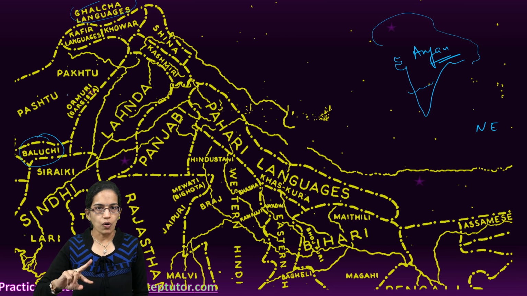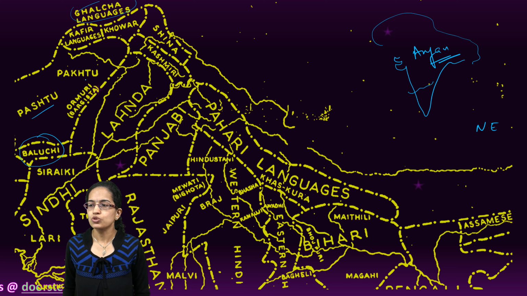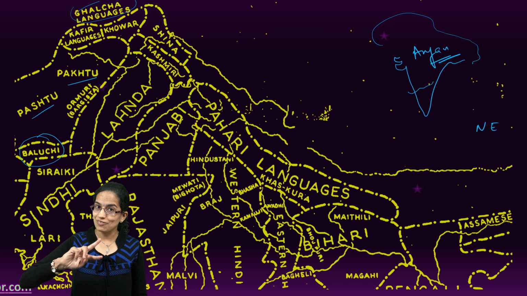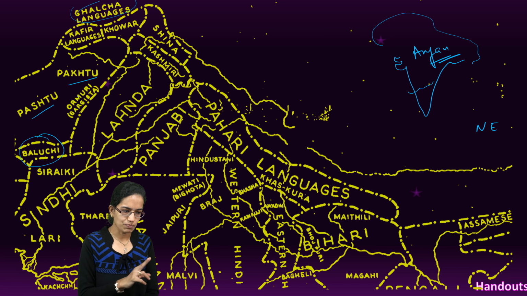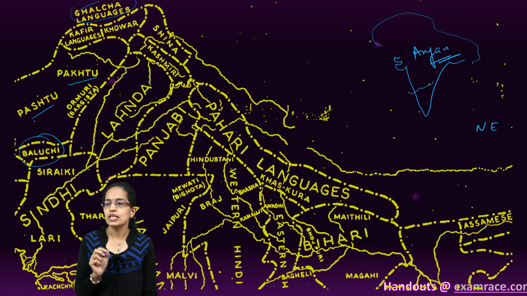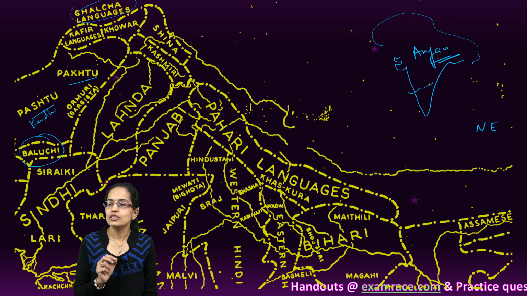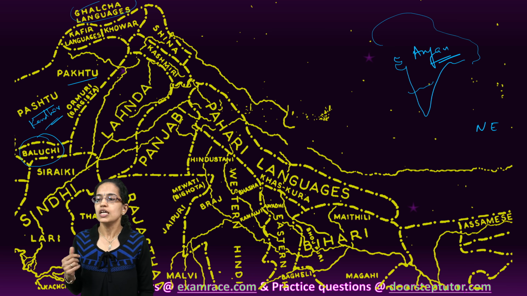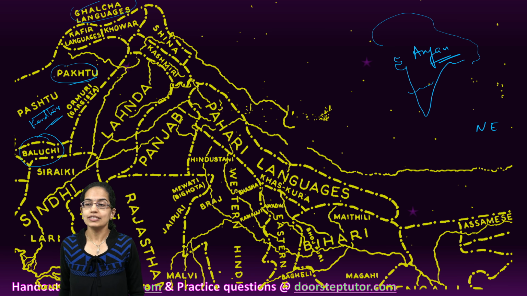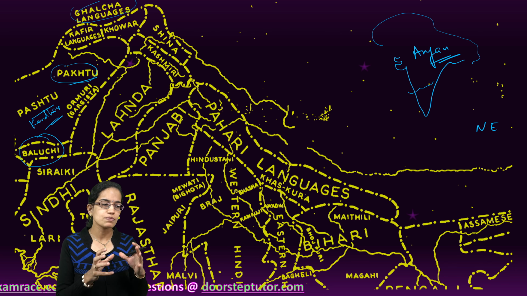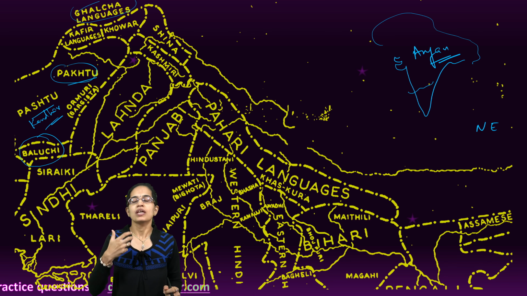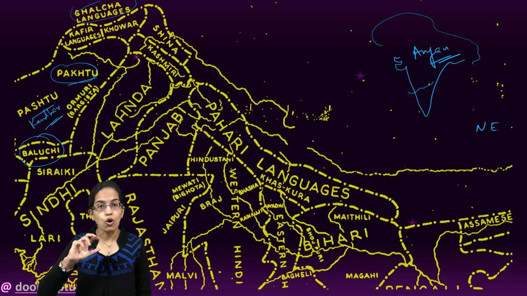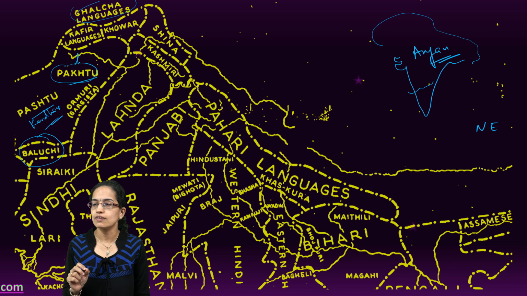The two other important languages were the Pashtu and the Pakhtu. Now, the difference between the two languages is important. Pashtu was a language of Kandhar, and this was considered a soft spoken language. However, Pakhtu, as the name suggests, Pakka, that means permanent or hard, was the language of the northeast and this was relatively harsh.